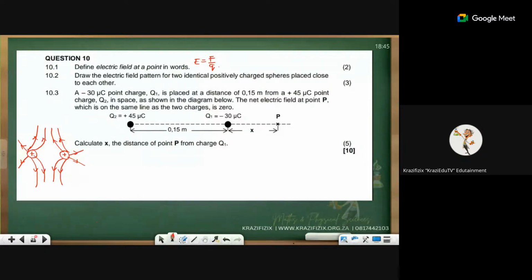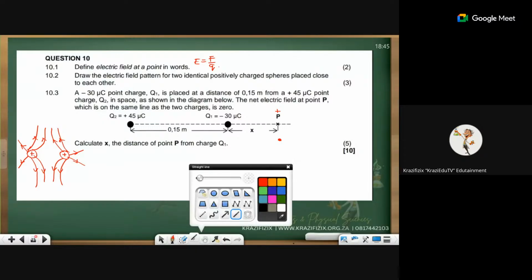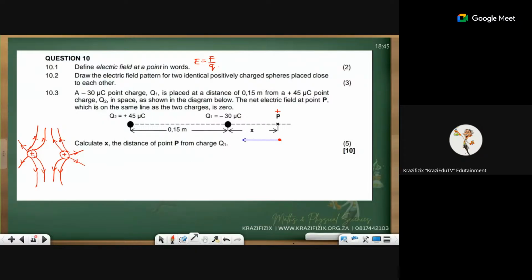Calculate the distance X. Where do we draw the free-body diagram? At P. They didn't mention anything, so P is positive. Let's start with Q1. Q1 is negative, so it's pulling P. The examiner is talking about electric field, so I can say EQ1.